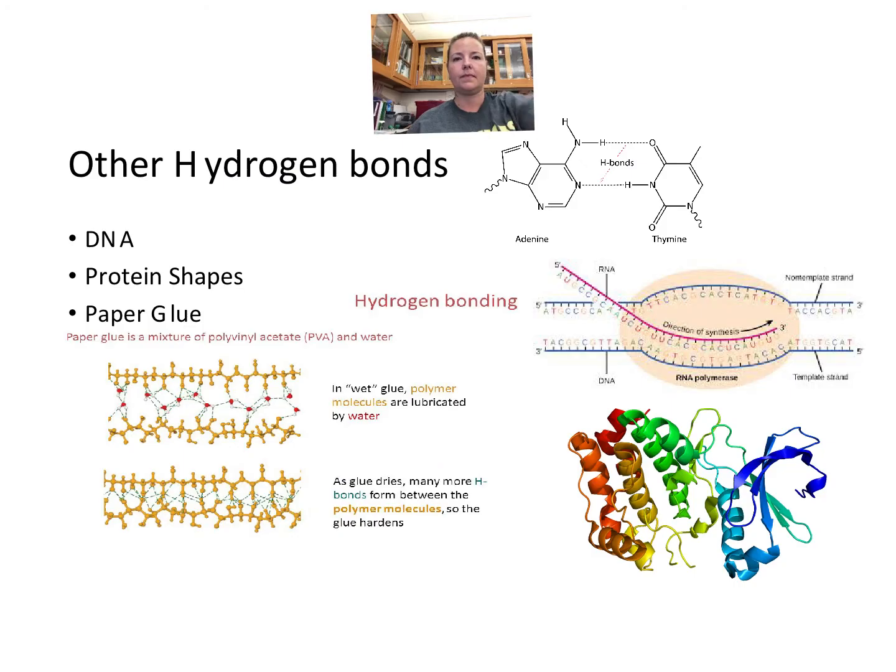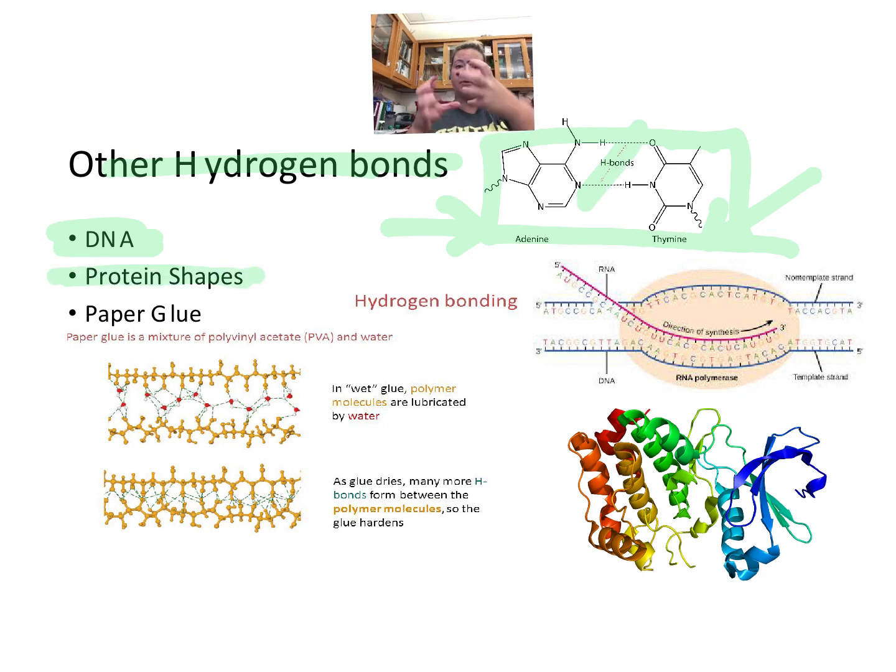The other reason you have to know hydrogen bonds is because, interestingly enough, we see hydrogen bonds as being important in a lot of other things. For example, there is a hydrogen bond in your DNA holding together the adenine and thymine that make up that center portion of your DNA. Hydrogen bonding is also important in the shape of proteins.